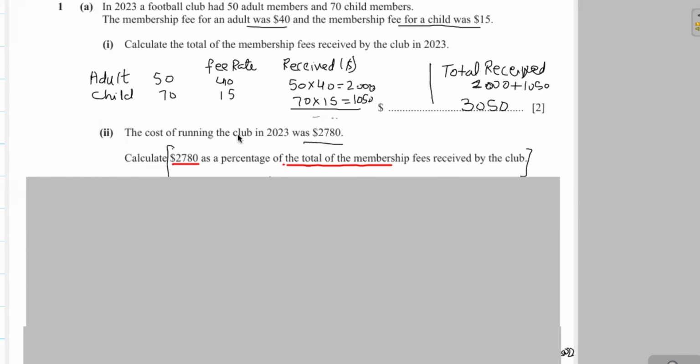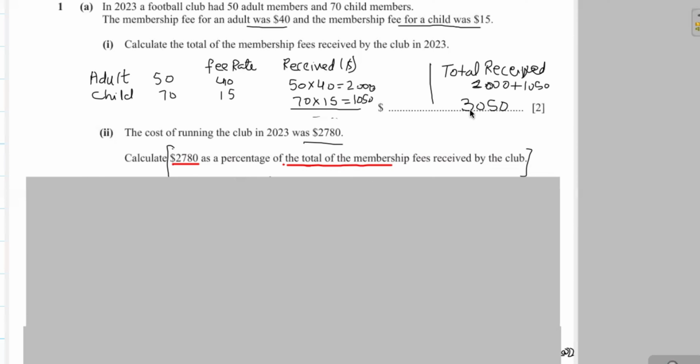The cost of running the club was 2,780. Calculate 2,780 as a percentage of the total membership fee received by the club. Therefore, we will write 2,780 over our total membership fee, multiply 100.